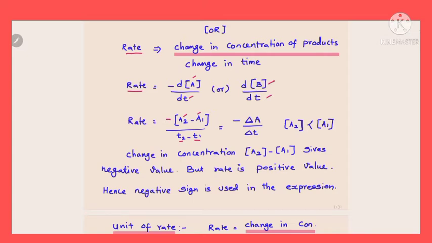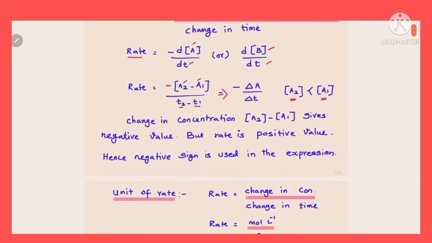This is simply written as minus dA by dt or minus delta A by delta T, both are the same. The negative sign is used because the final concentration A2 is lesser than the initial concentration, so to get a positive value we use a minus sign in case of reactant.